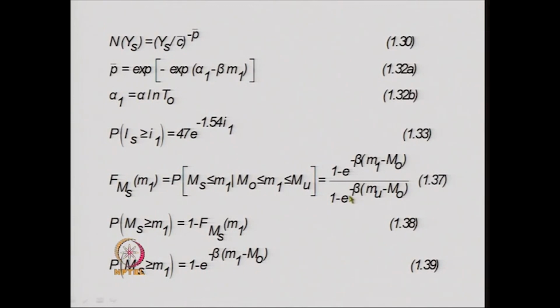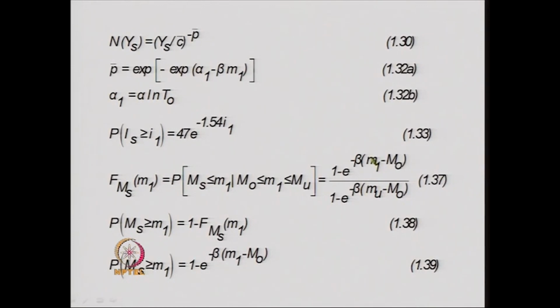This equation shows the probability of the magnitude of earthquake. For the magnitude of earthquake lying between an upper limit and a lower limit, the probability of the magnitude being less than or equal to m1 is given by an equation like this, where m1 is the magnitude in question, the probability of which you are trying to find out, that is, what is the probability of the magnitude of earthquake being less than m1.